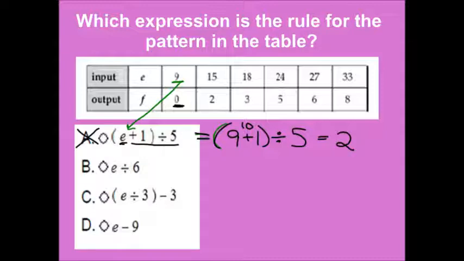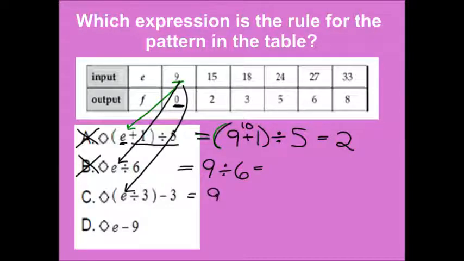Let's look at B. I'm going to do the same thing. I'm going to take 9. This time I'm going to put it in by writing 9 here. Divide it by 6. I can't do that and get a whole number, so I know that is not correct. Next, I'm going to take the 9 and write it to the side: 9 divided by 3 minus 3. Let's see what that equals. 9 divided by 3 is 3.